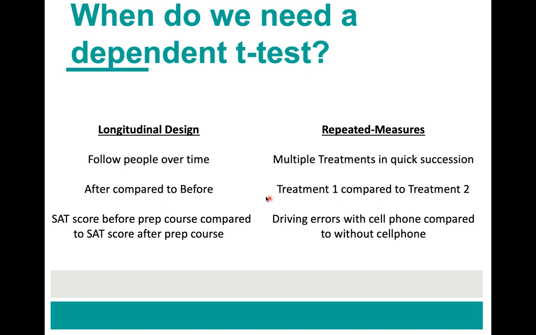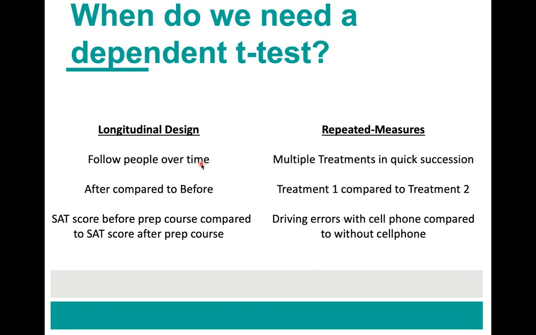So let's go over those again one more time. We can basically divide these situations when we use a dependent t-test into longitudinal designs and then what we're going to call repeated measures designs. Now, a longitudinal design is technically a repeated measures design, but for the sake of some distinction here, we're going to separate them such that a longitudinal design is one in which we design an experiment where we follow people over time.